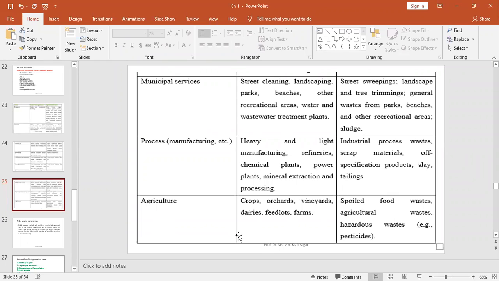These are the facilities provided by the municipality to society, and whatever waste is generated while running these activities is considered municipal services waste.